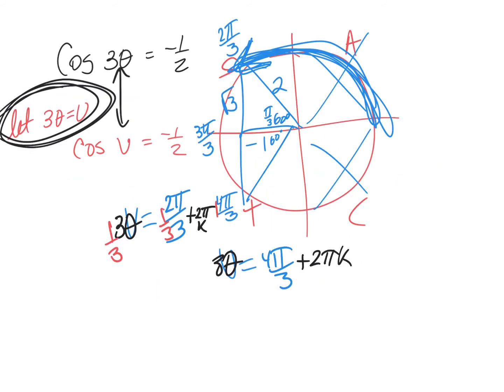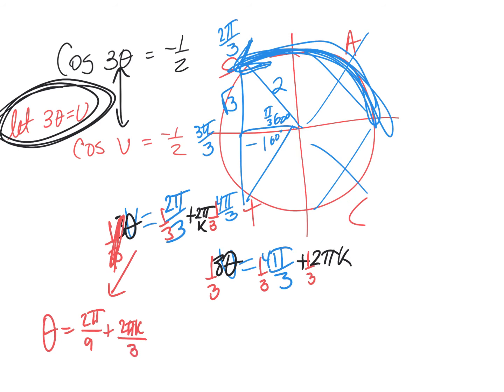And now we're multiplying by 1/3 at the recommendation of one of our kids here. 1/3 here, and a 1/3 here, and a 1/3 there. And the 3 and the 1/3 cancel, so it's just theta equals 2 pi over 9, because 3 times 3 is 9, plus 2 pi k over 3.